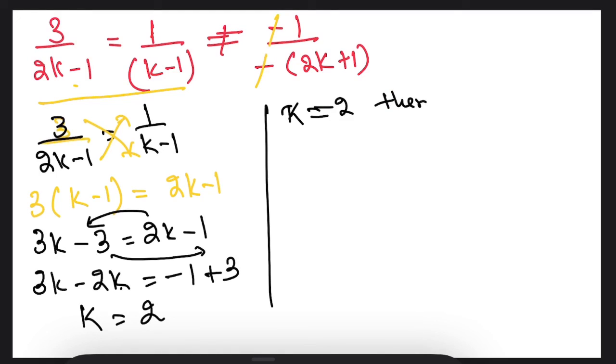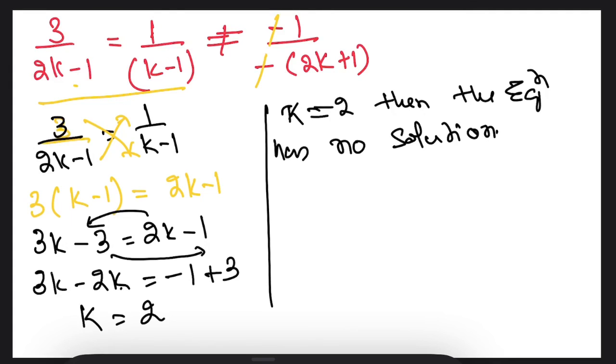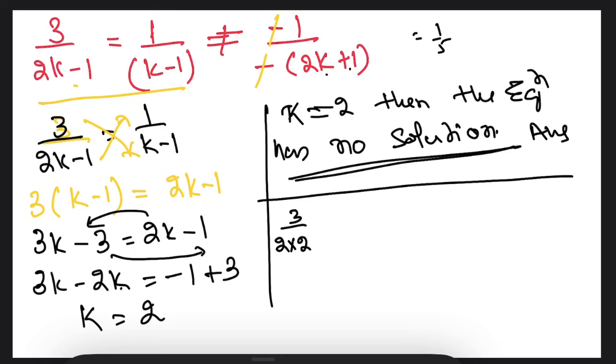Then the equation has no solution. Check: 2 into 2 minus 1, 2 twos are 4, 4 minus 1 is 3, so 3 upon 3, that is 1 upon 1.